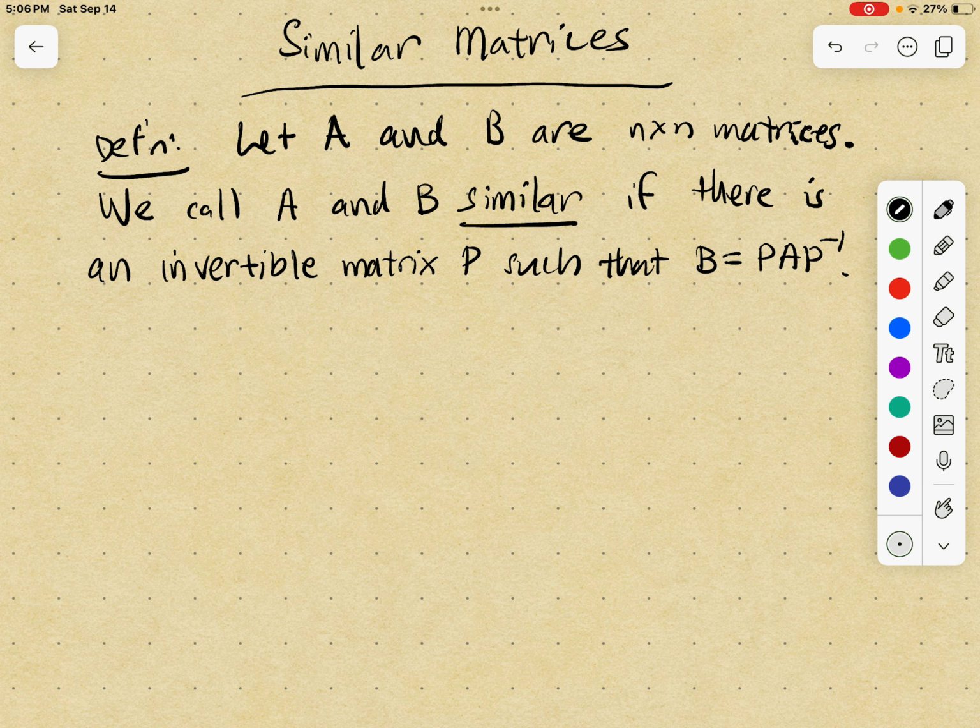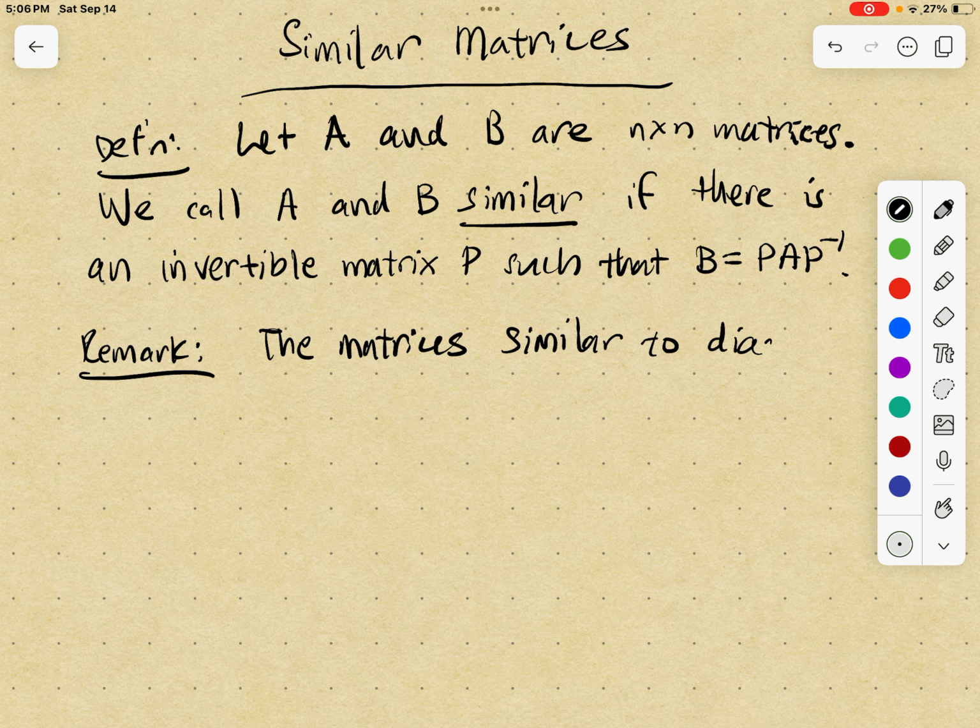Well, one thing you notice is that this is closely related to the concept of a diagonalizable matrix. So the remark is the matrices that are similar to diagonal matrices are precisely the diagonalizable matrices.